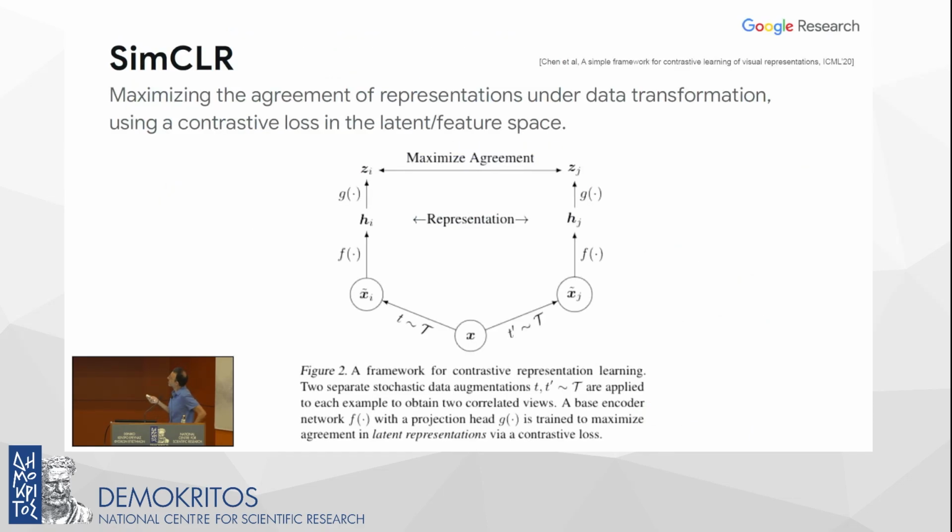Now what happens is the following. You take your data, your image X, you apply two random perturbations, augmentations, and then you train an encoder and a projector network G, so that in the latent space you maximize agreement between augmentations of the same image and maximize disagreement between different images, this contrastive task.